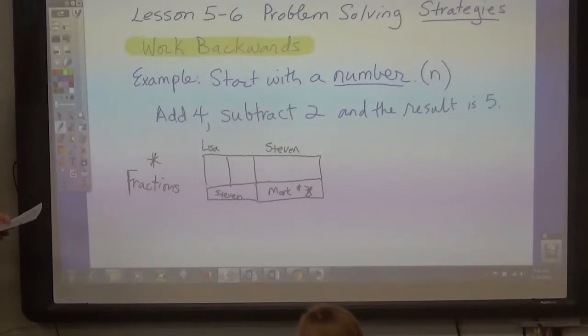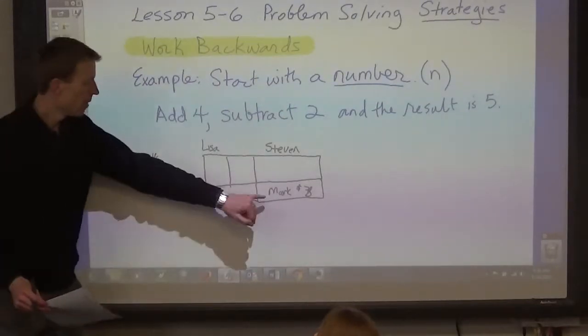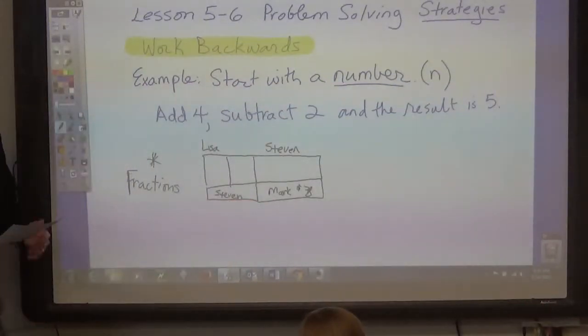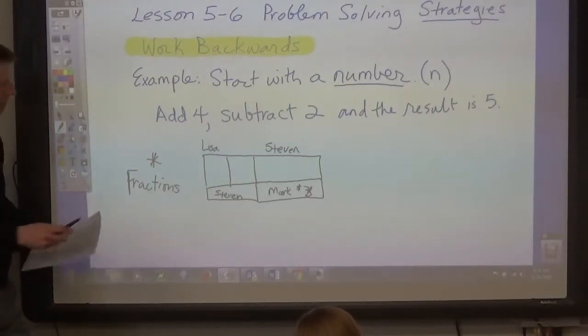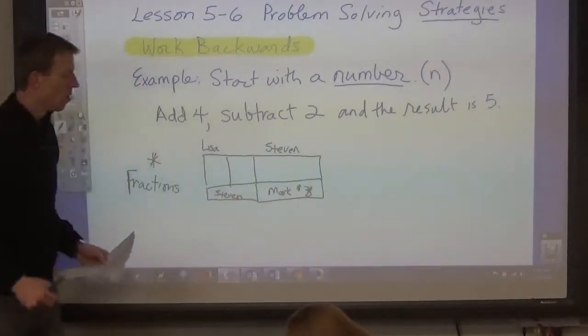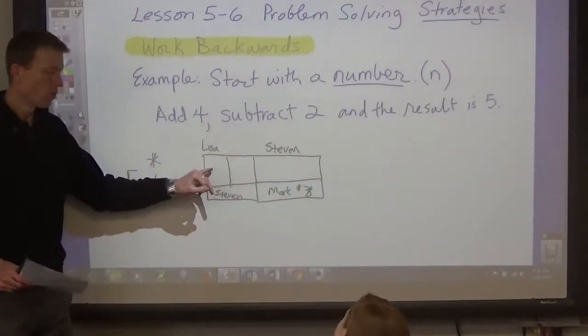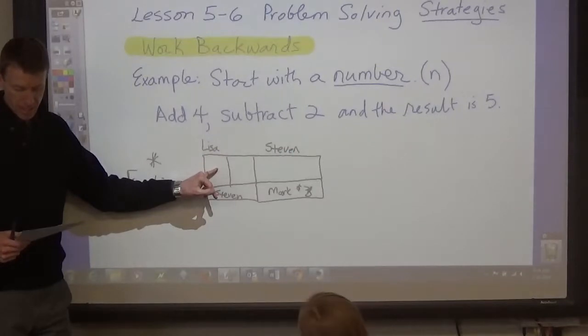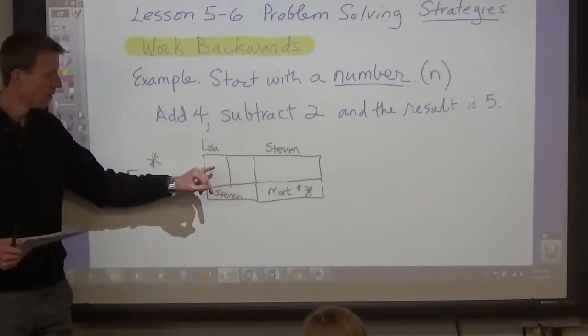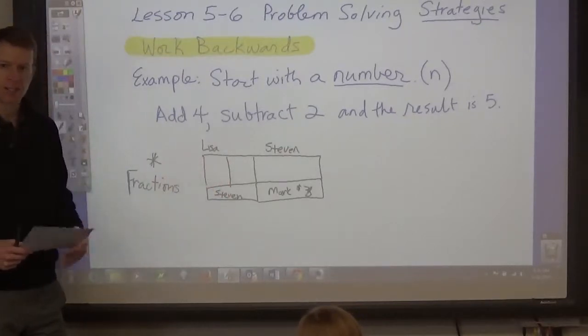Now, if Lisa is paying, this remaining amount is $1 less than Lisa's share. So then we know Lisa's share is how much?